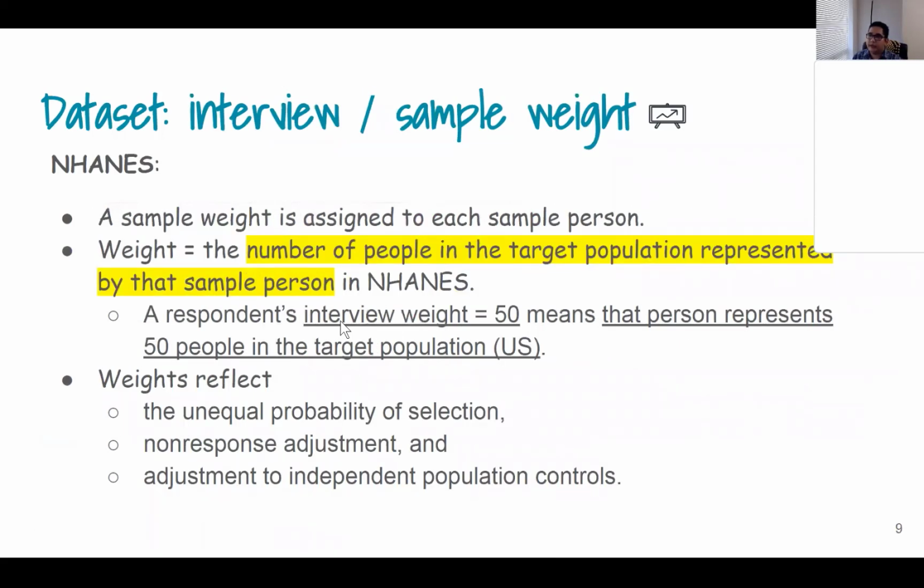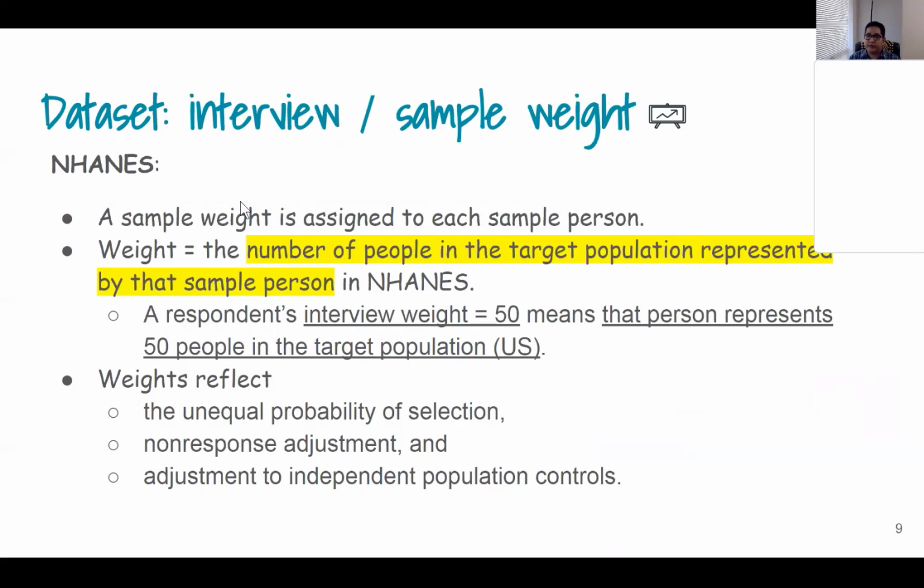All right, and you will see, because remember in the NHANES 2007-8, we collected only 10,000 interviews, right? But that is not the entire population. We need to also connect or map our sample to the population. And how do we do that? To do that, one instrument is the sample weight.